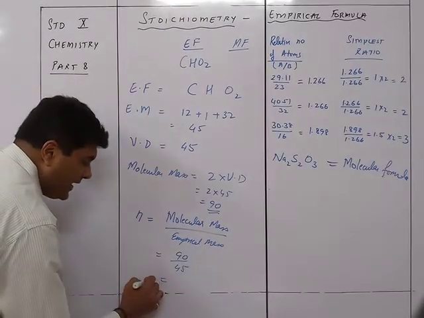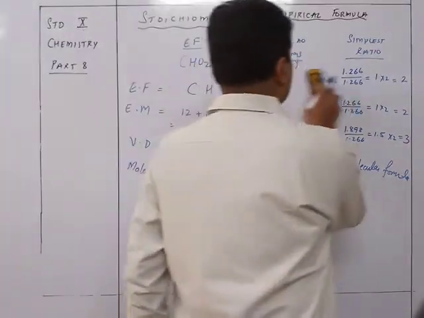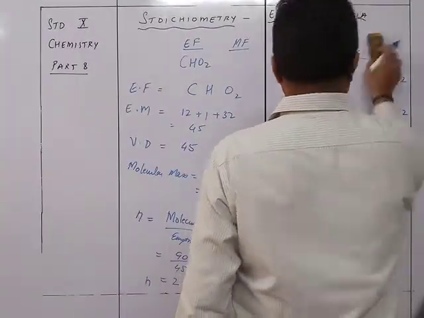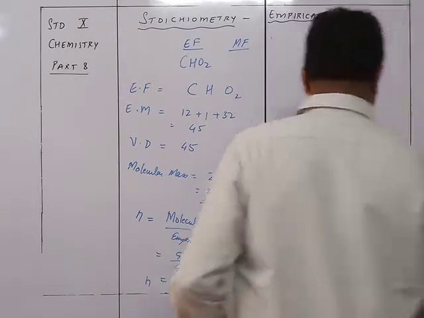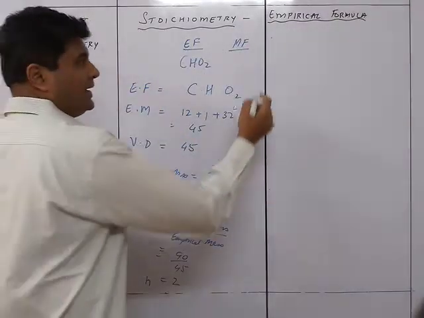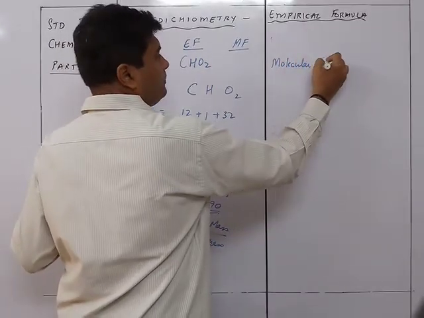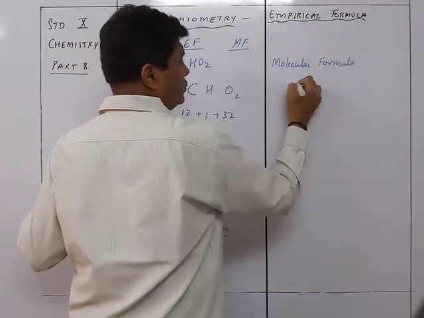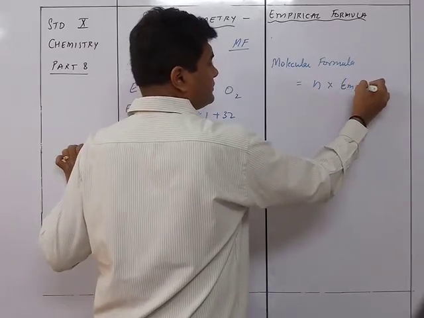So accordingly, n is equal to 2. So once you know that n is equal to 2, what we have to do is just find out the molecular formula. So the formula is: molecular formula is equal to n into empirical formula.